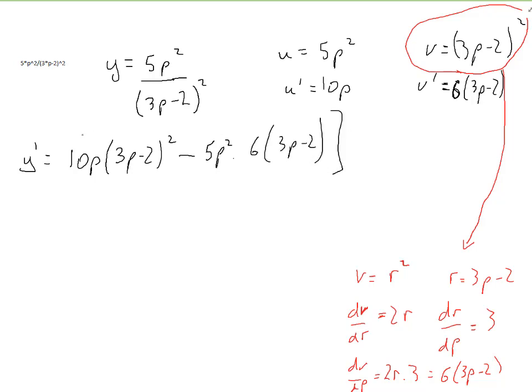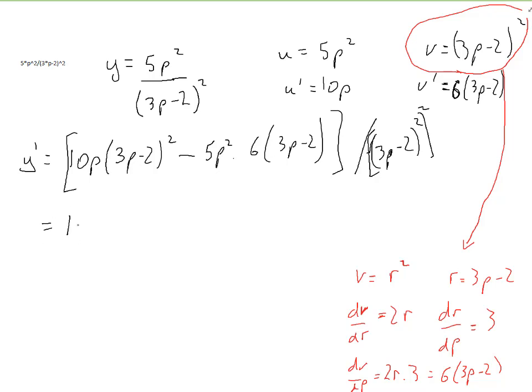And then all divided by (3p minus 2) squared, squared, so you can put another bracket to show how the whole of this is squared. So it's (3p minus 2) to the power 4. So on the bottom you've got this bracket to the power 4. On the top you've got the bracket a couple of times, so you can cancel it out here.